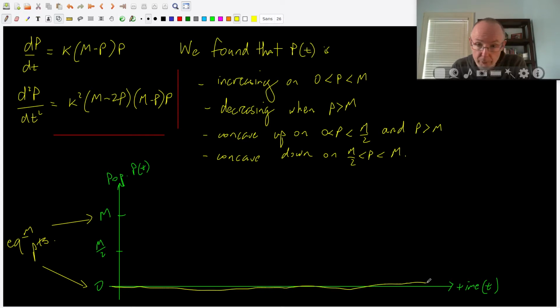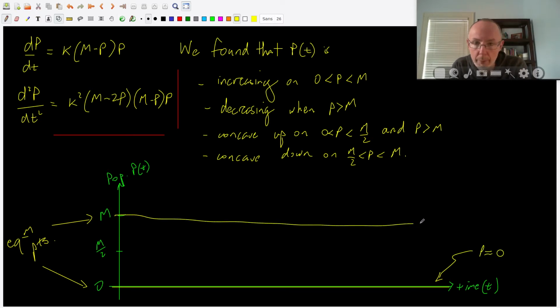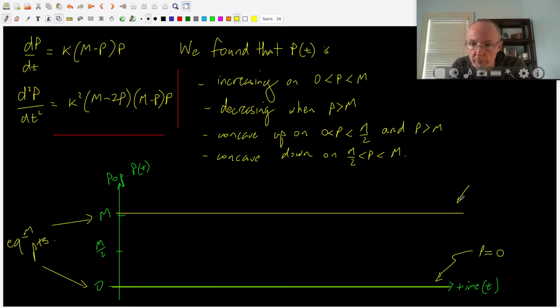The rate of change of the population is 0. So there's one of our level values of the population. P equals 0 is an equilibrium, and P equals m is an equilibrium value. Let's pretend that was m. So this is P equals m. Those are our two equilibria. They don't change, so they're flat curves. The population is equal to m for all time. The population is equal to 0 for all time.